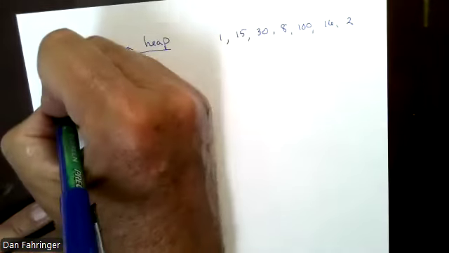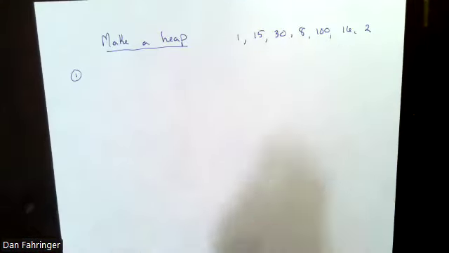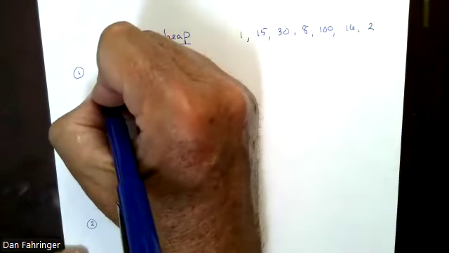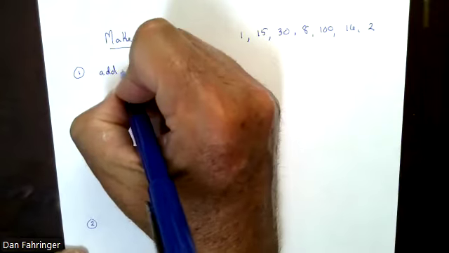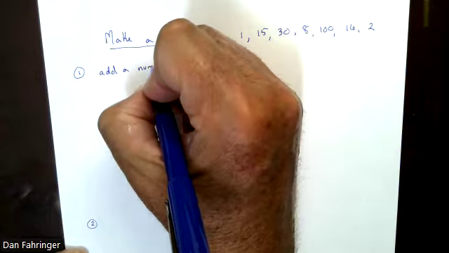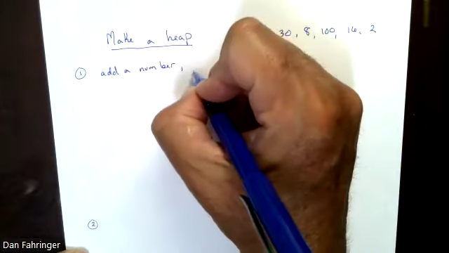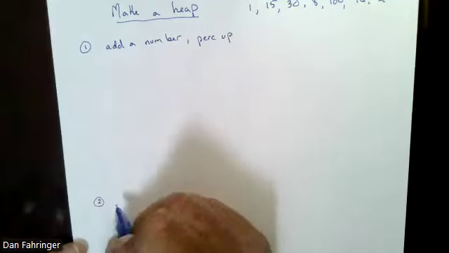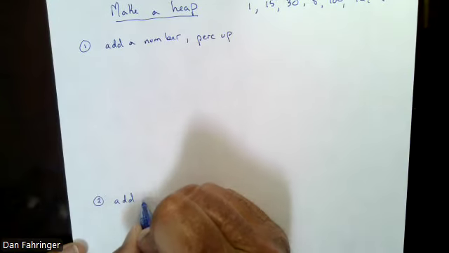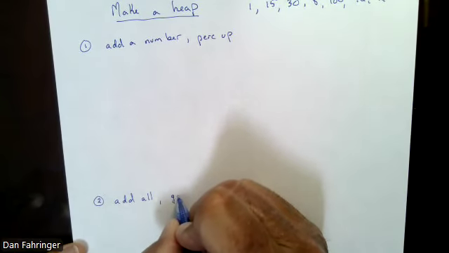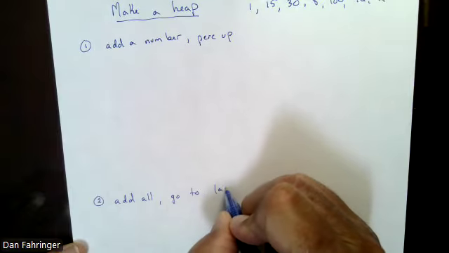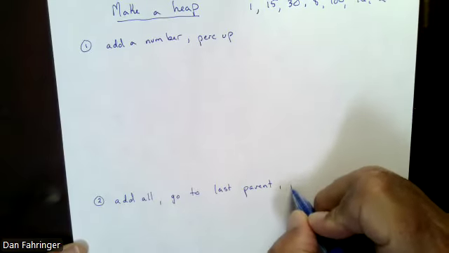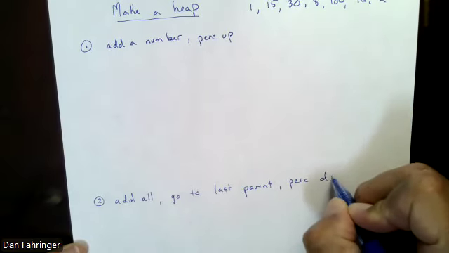You're going to do method number 1 and method number 2. Method number 1 was add a number, then percolate up. Method 2 was add all, go to the last parent, and then percolate down.